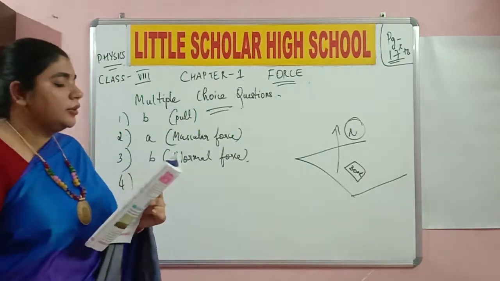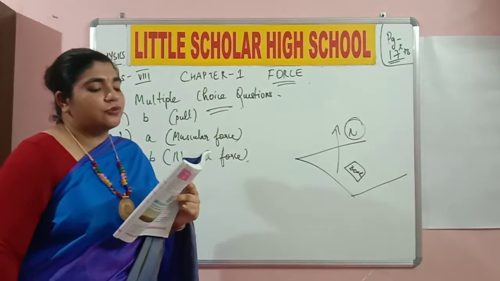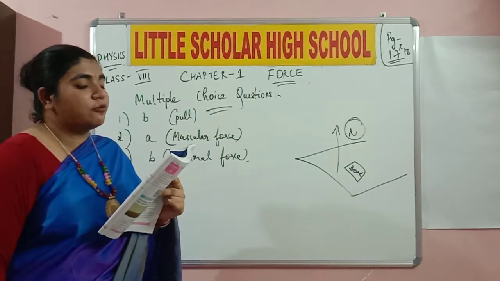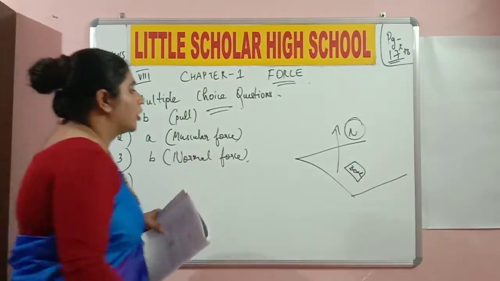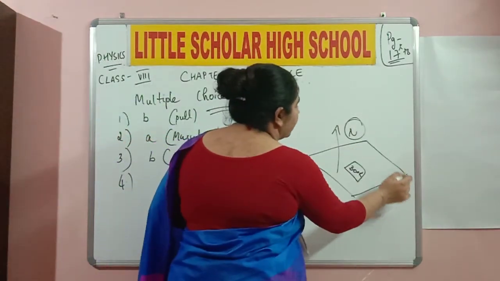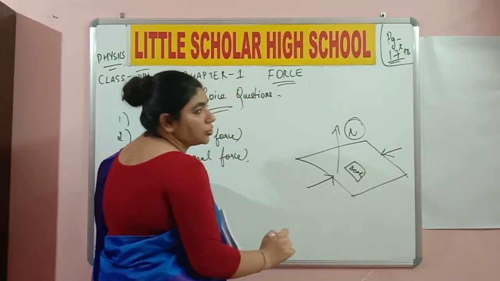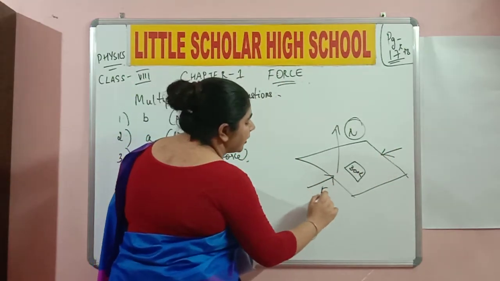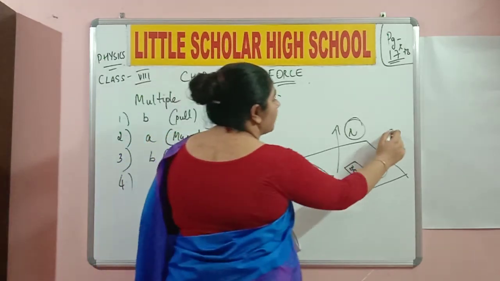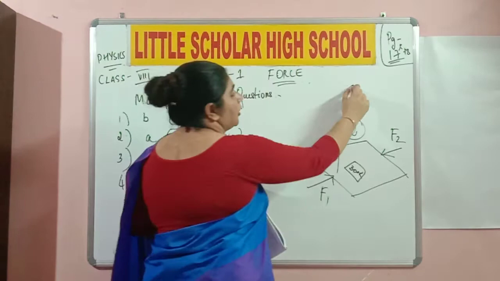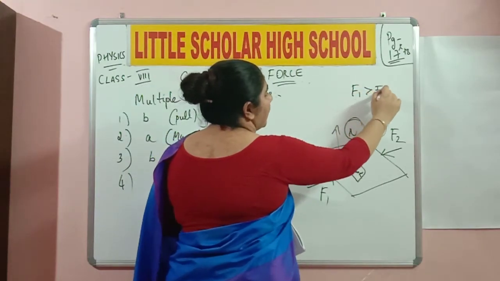The fourth one: let the forces F1 and F2 act on the table in opposite directions. If F1 is greater than F2. If this was the table and somebody was pushing it from this direction as well as this direction, the force applied from this direction is F1 and the force applied from this direction is F2. They gave us one condition that F1 is greater than F2.